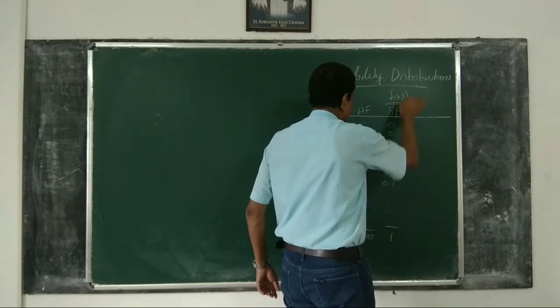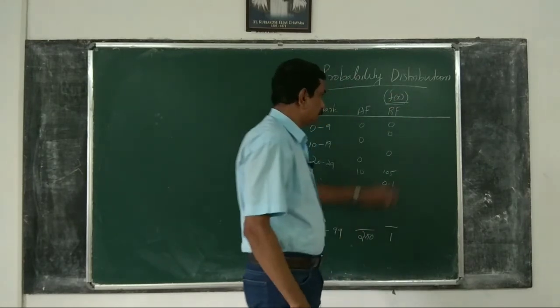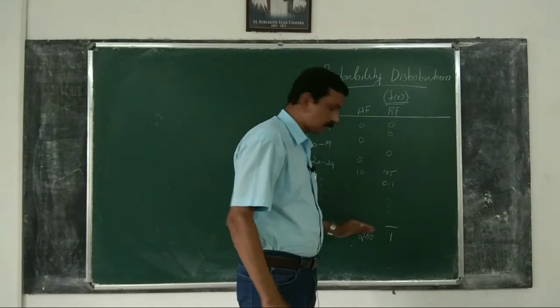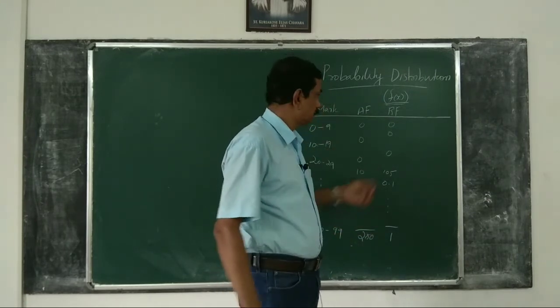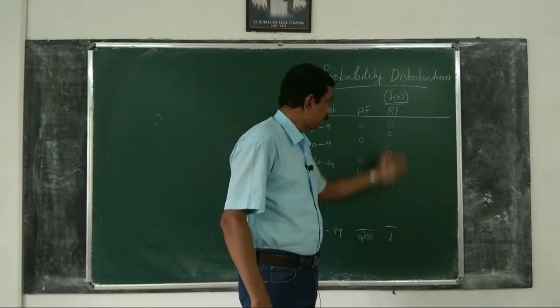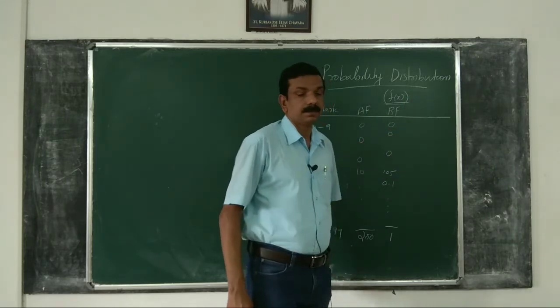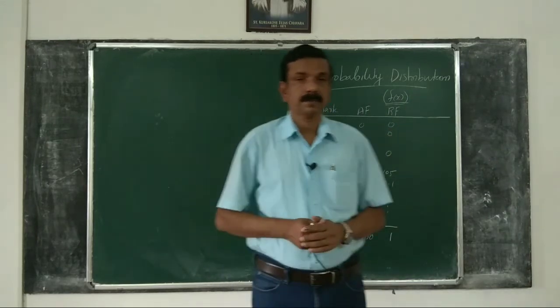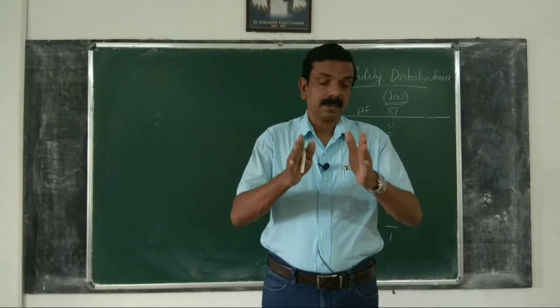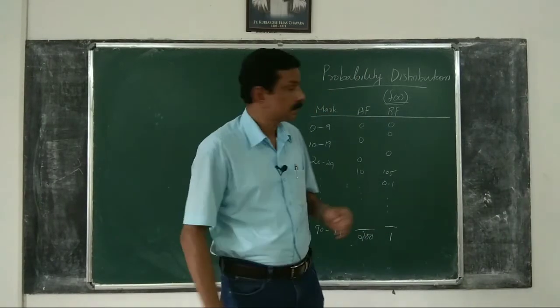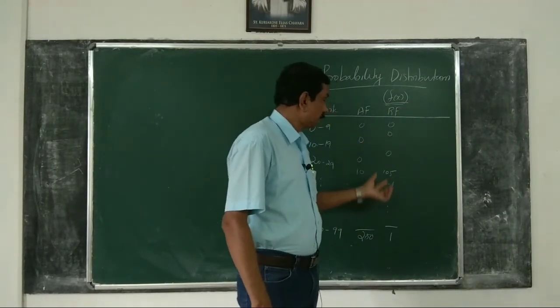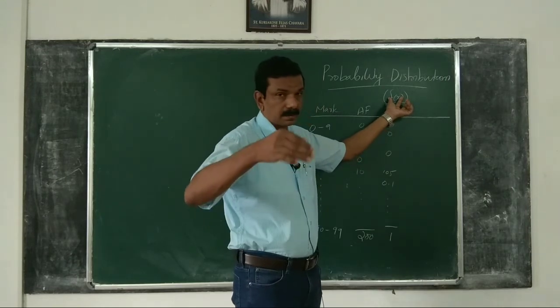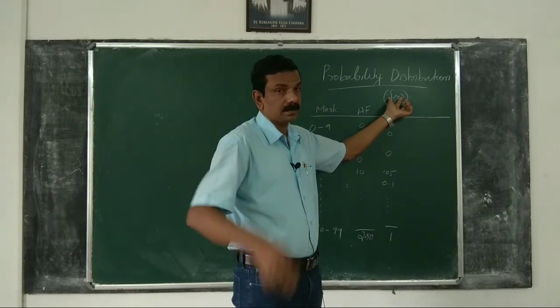distribution of x. For our purpose, if the number of trials is sufficiently large, this relative frequency can be interpreted as probability distribution. And it is in this sense that we use the concept of what is known as frequency distribution.